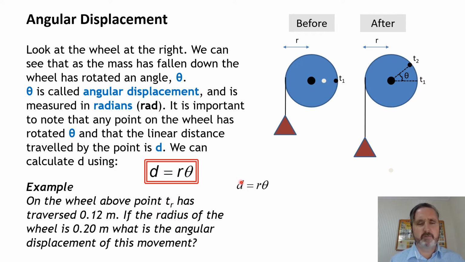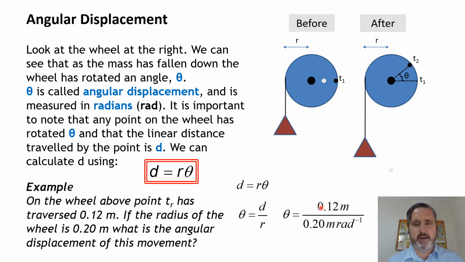So we take this equation: the distance, which is 0.12 meters, is equal to the radius, which is 0.2 meters, times theta, which we want to find out. So let's rearrange for theta. Theta equals d over r. Let's put our distance and our radius in. Our distance is 0.12 meters and our radius is 0.2 meters for every radian. I'll talk about why that's that unit soon. So we can calculate that the actual angular displacement here is 0.6 radians.